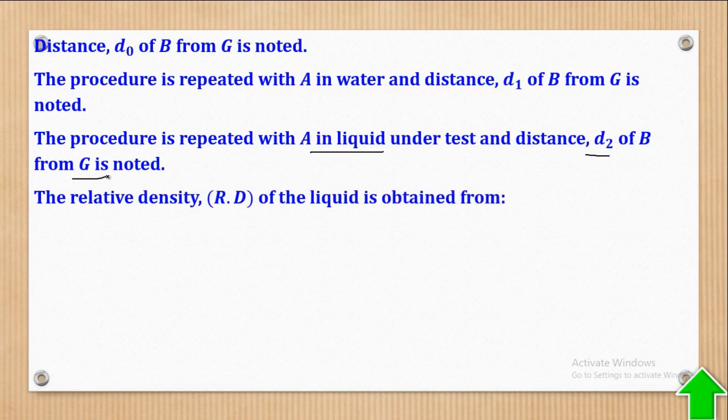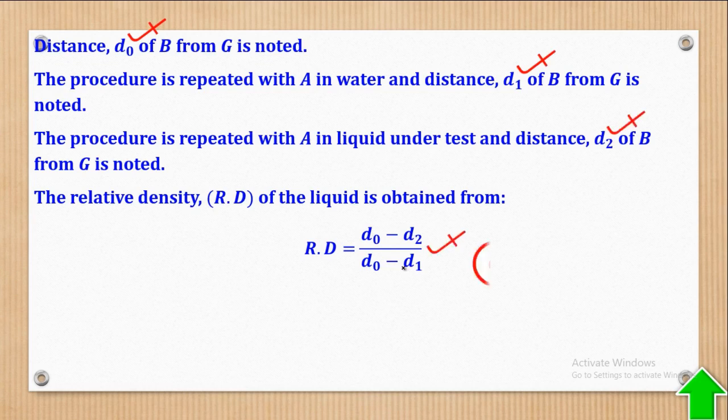Then after getting those three distances, the relative density of the liquid is obtained from RD equal to D0 minus D2 over D0 minus D1. So that is also an alternative experiment for getting relative density of a liquid.